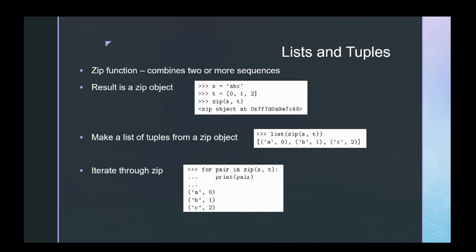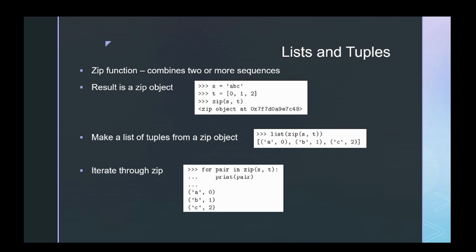I can work with lists and tuples. There is a zip function, and that is going to combine 2 or more sequences by zipping them together. And your result is going to be an object of type zip. Now, the way that it does it is that it will pair one as the key and the other as the value, and it'll pair them up.